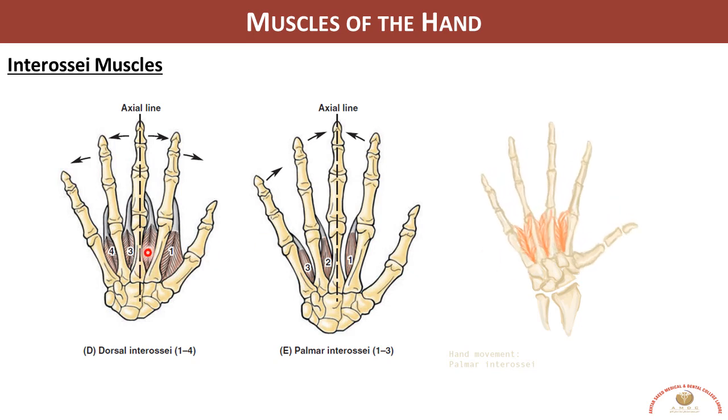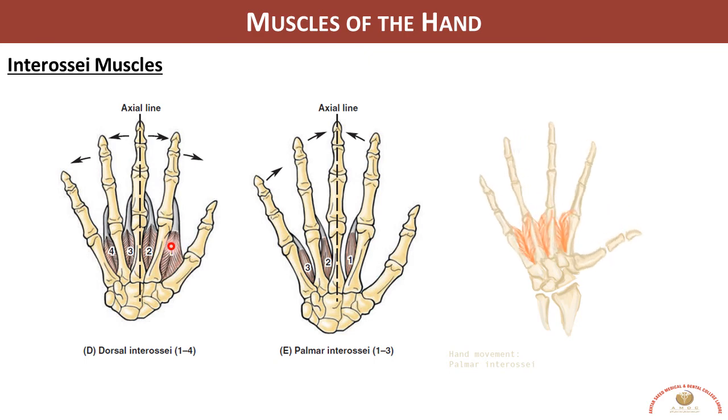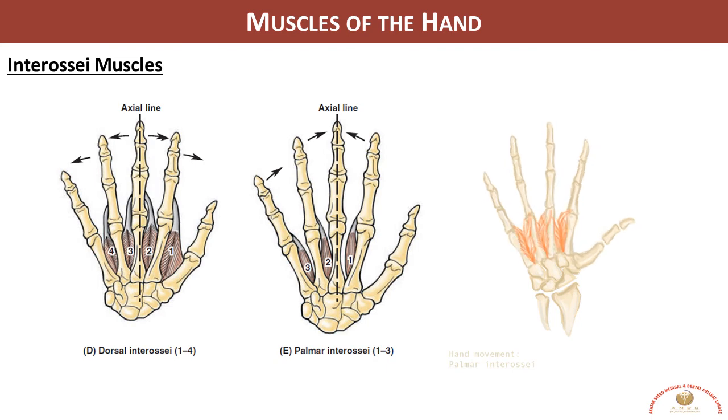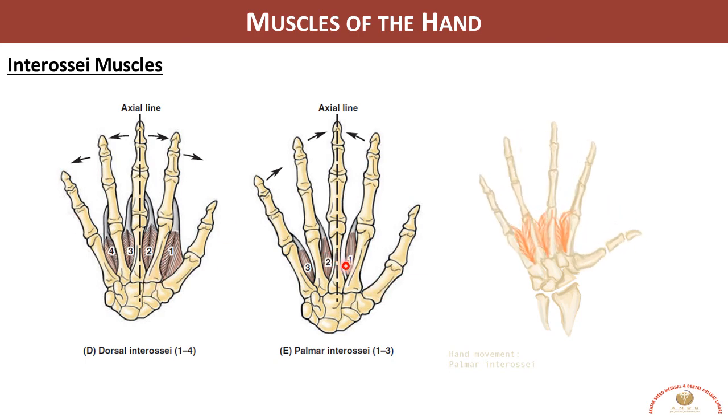The dorsal interossei, you can see here, are coming from the adjacent sides of two metacarpals, and remember these things, they are bipinnate muscles. The palmar interossei are unipinnate muscles. They are bipinnate as they come from both sides, and these are unipinnate muscles.